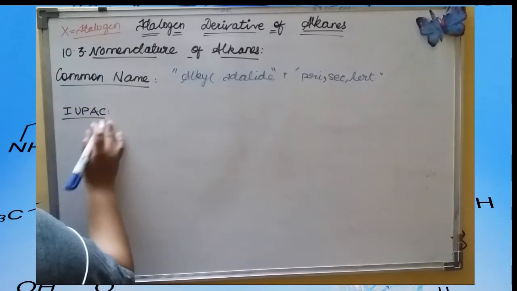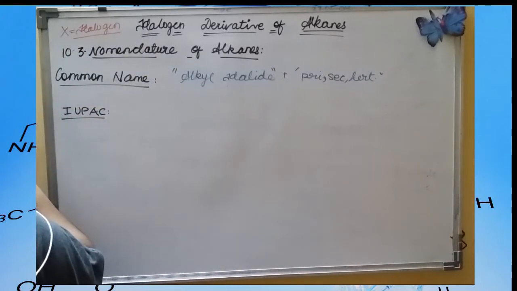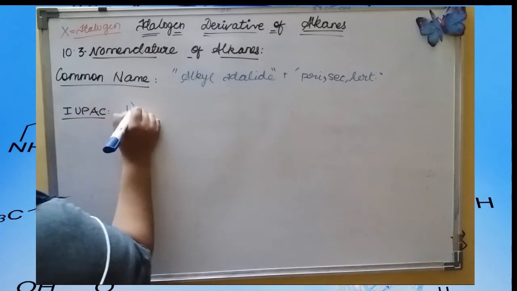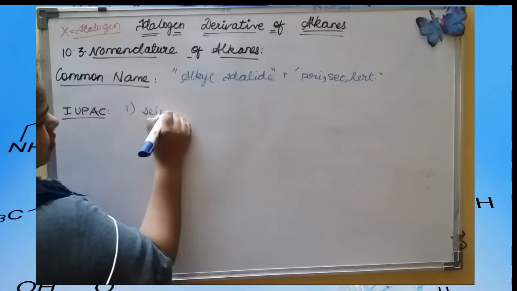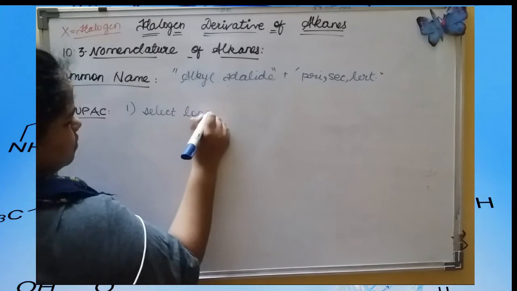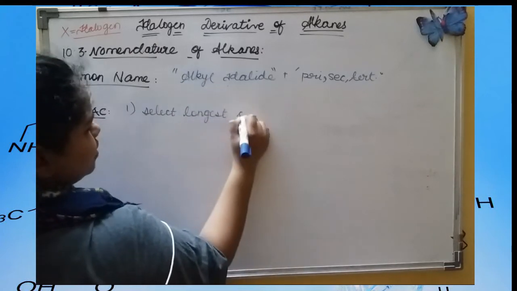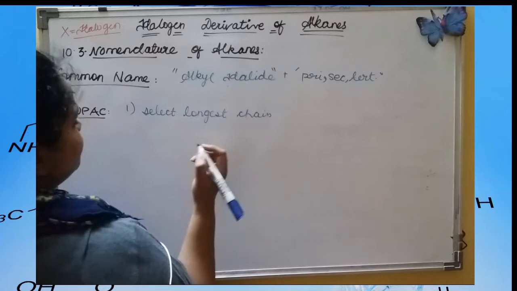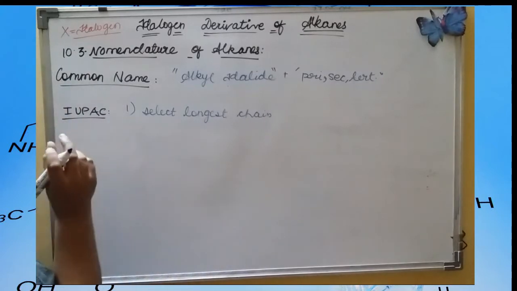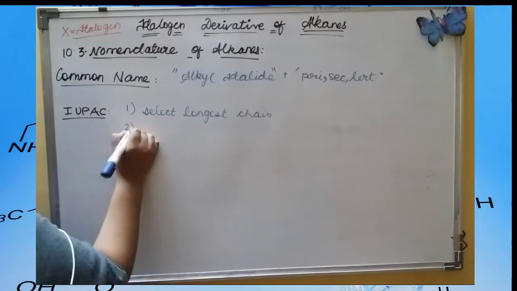In IUPAC there are sets of rules. First of all we have to select the longest chain. Longest chain is the chain in which there are a large number of carbon atoms.